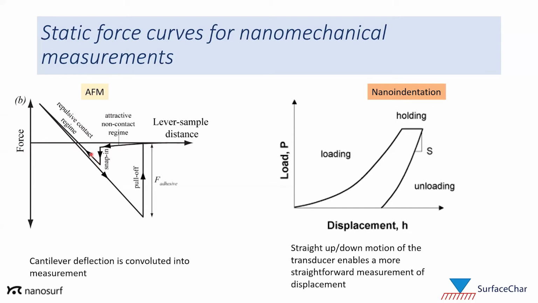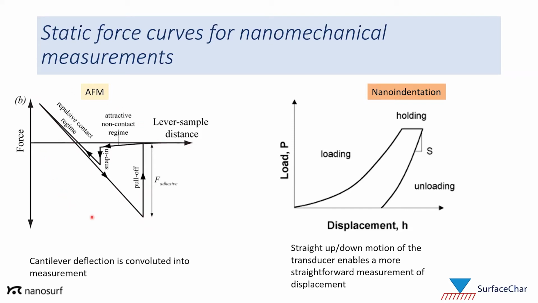So now we're going to push against the sample in what's called the repulsive regime. And then we withdraw, so we reverse. And as we pull out, especially if the sample is very sticky, the tip will get somewhat stuck in that sample until you pull out with enough distance that it finally pulls out here, and then you leave the sample.